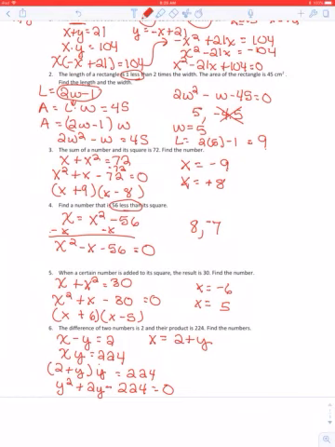And for this one, I'm definitely going to graph this one on the calculator. So I have y squared plus 2y, and of course you can use x's on your calculator, minus 224. And if I graph that, let's see if it comes up between anything that we can see. It does not. I have to enlarge my window.